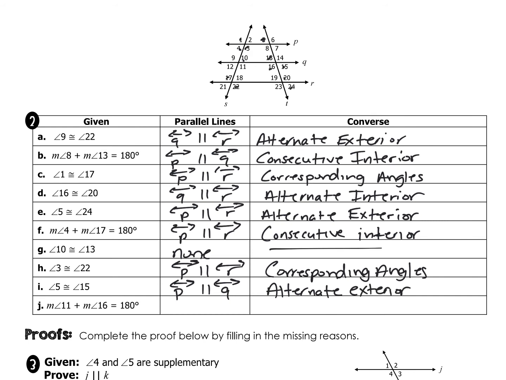And then the measure of angle 11 plus the measure of angle 16 equals 180. Those are consecutive interior. Nope, those are on different transversals. It's on transversal S and T, and so that is none.